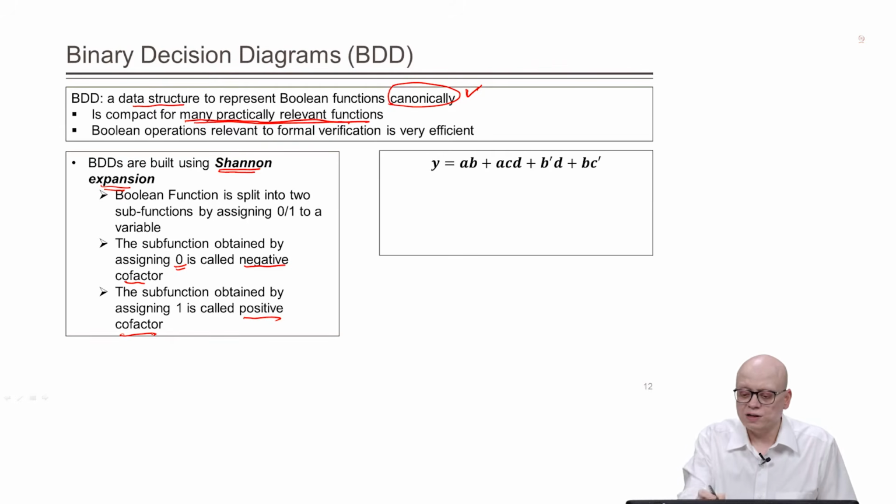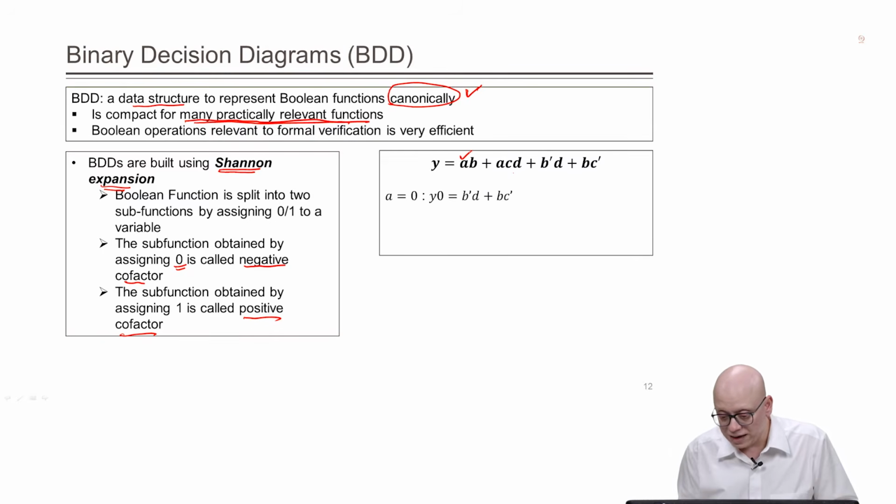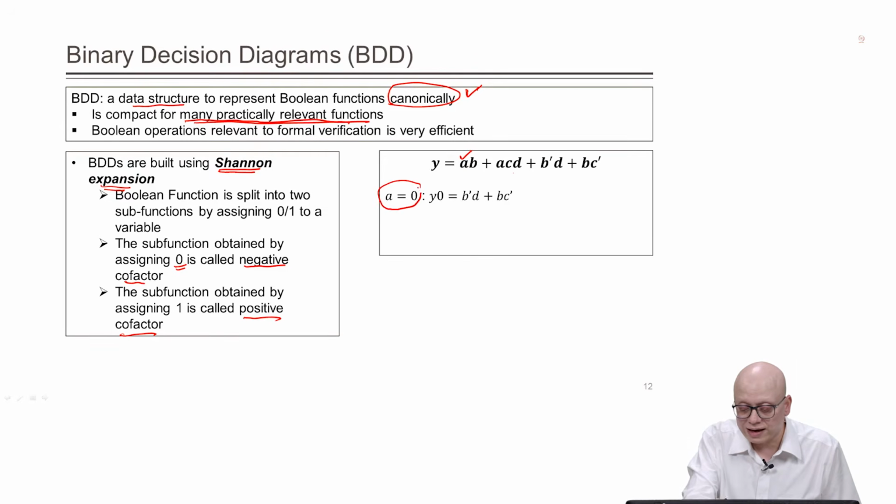Let us take an example. Suppose the given function is AB plus ACD plus B bar D plus BC bar. Now, assume that the variable with respect to which we want to decompose it is A. First we assign the value of A as 0.